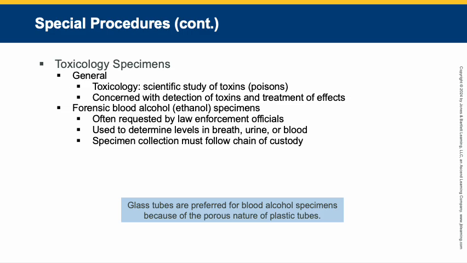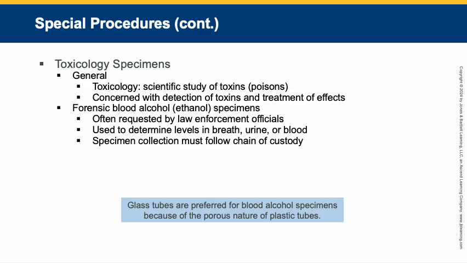One thing to keep in mind about these forensic-type tests, especially blood alcohols, is that in the lab you have to follow chain of custody. Let's say this is a blood alcohol that comes back from a car wreck where they killed a patient. You could actually be called to court for this. Chain of custody tracks the specimen from the time that it was collected all the way out to the time that it was reported.